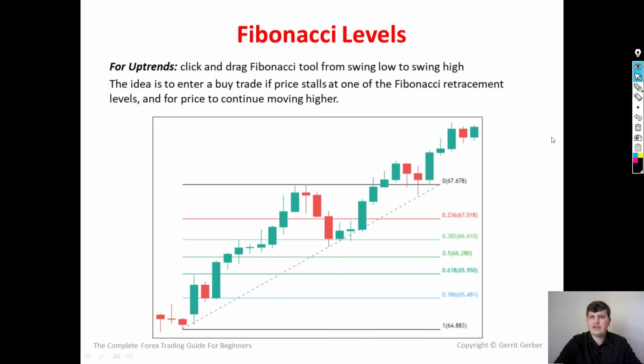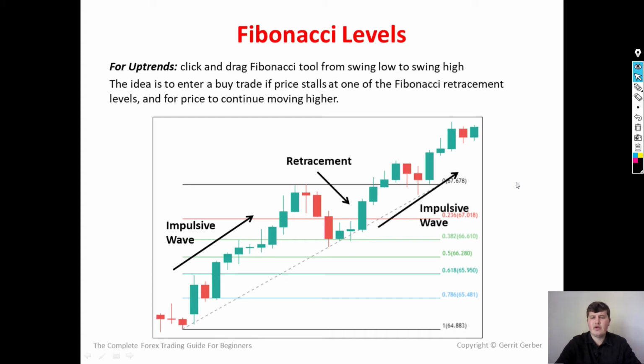Now the way that a market works is it has 2 different types of waves, both for uptrends and for downtrends. And for uptrends, the impulse wave is the wave to the upside, and that's the aggressive wave that gives you an indication of the trend direction. Then after an impulse wave, there usually follows a retracement or corrective wave, and then another impulse wave.